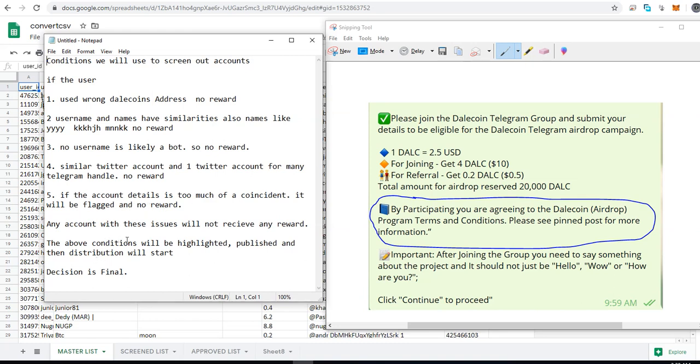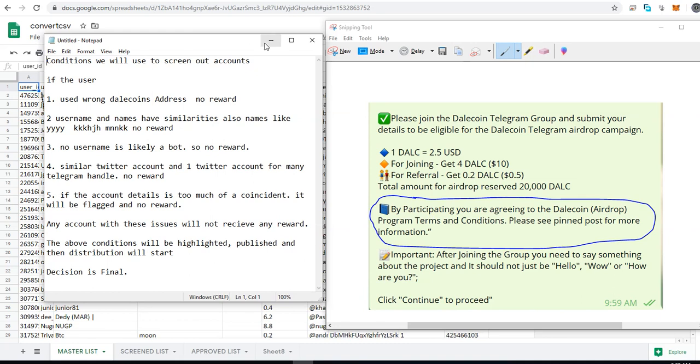Any account with these issues will not receive any reward. The above conditions will be highlighted, published, then distribution will start. Decision is final based on these terms and conditions, right?